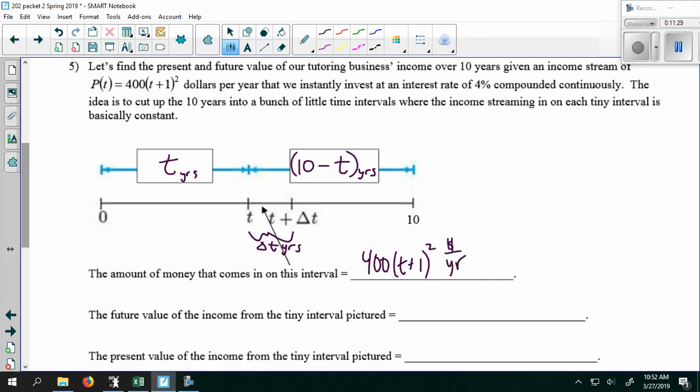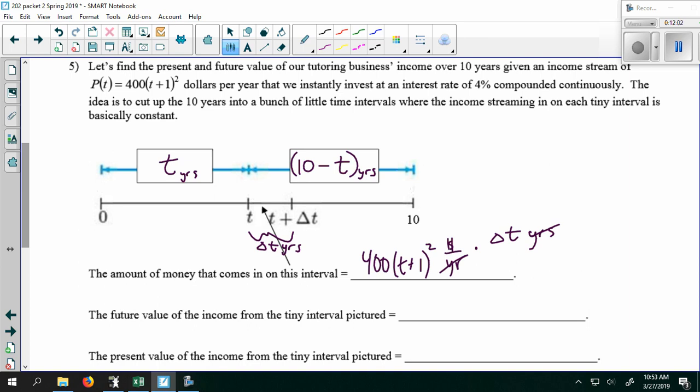But I just want an amount of money. How many dollars am I making in that small time interval? Okay, so I need to multiply by the length of time that I'm earning this money. What is the length of time? Delta t. So I'm going to multiply times delta t years so that my years cancel and I just have dollars. Right, so the income that comes in on that teeny tiny interval is the income stream times delta t.